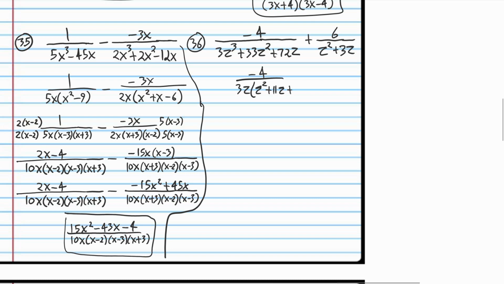Let's see, 72 divided by 3 would be 24, I believe. So we're just factoring out the GCFs, the greatest common factor. All right, now we have to factor again because we've got a quadratic.